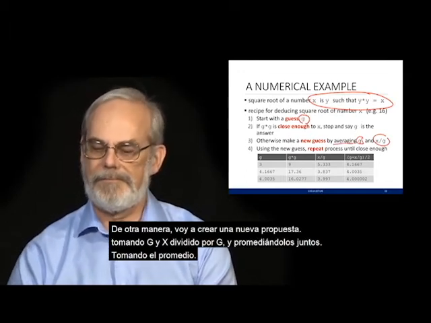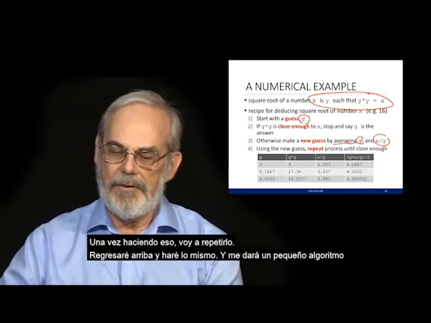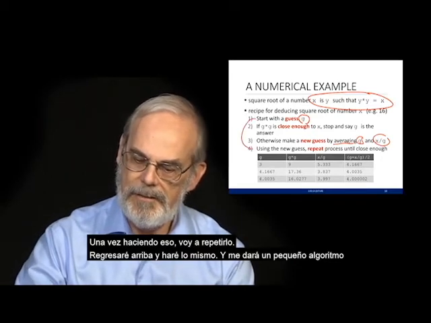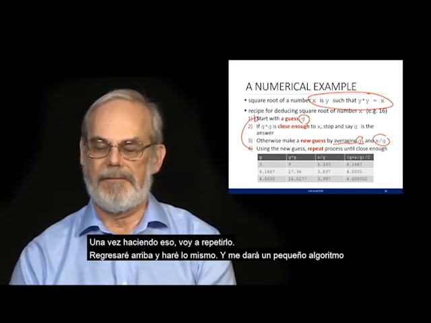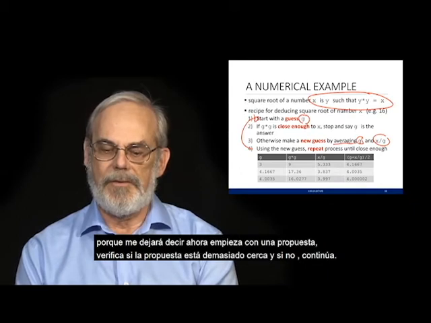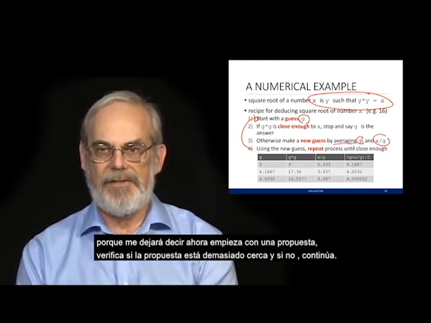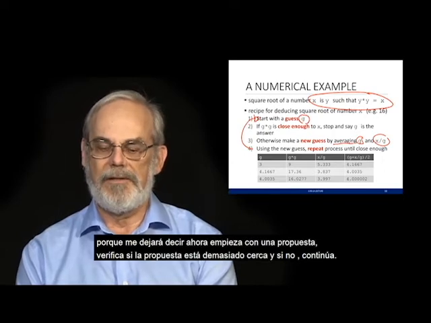Take the average. Okay? Once I've done that, I'm going to repeat. I'm going to go back up and do the same thing again. And that's going to give me a little algorithm, because it's going to let me now say, start with a guess, check to see if the guess is close enough, and if not, keep going.